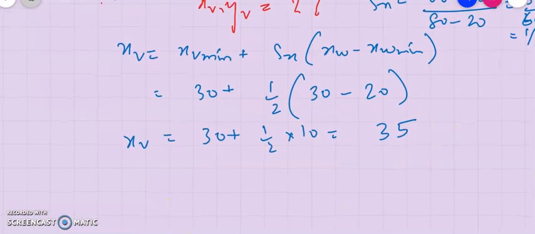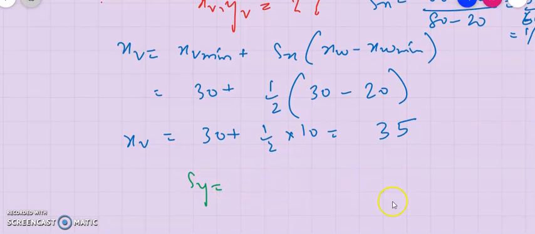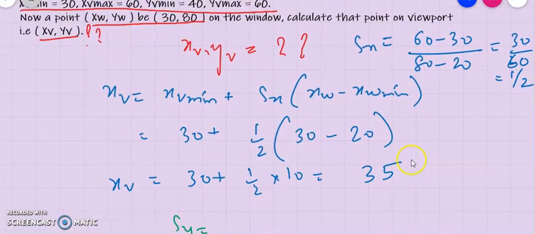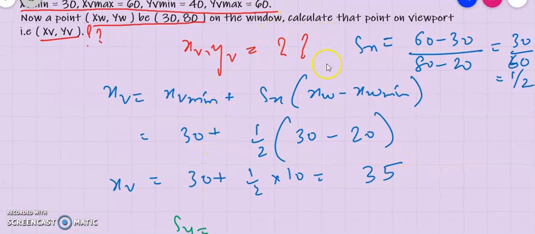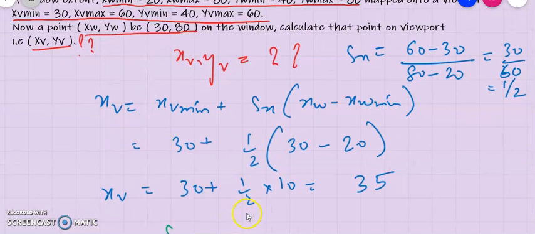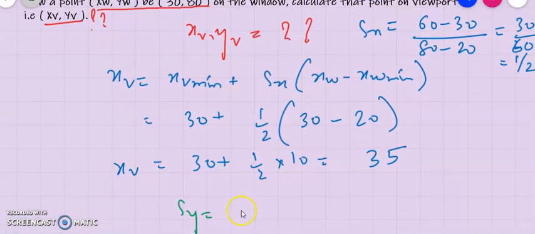Now similarly, I calculate the value of YV. When I want to calculate the value of YV, I will need SY. And how do I calculate SY? SY is the viewport Y extent, that is 60 minus 40, upon the window Y extent, that is 80 minus 40.